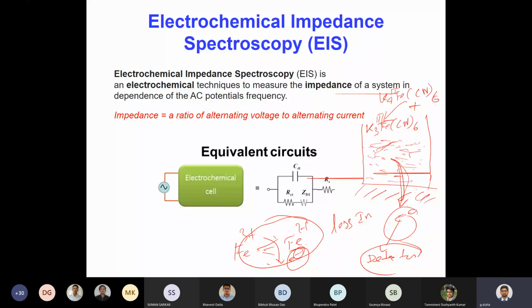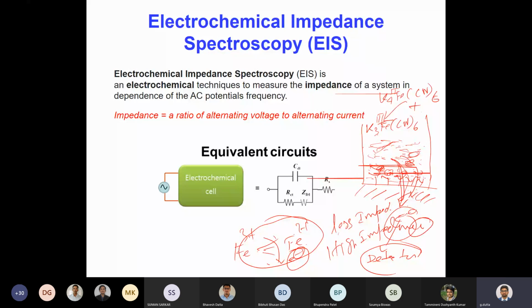If the electron cannot cross this protein barrier, where some antibody is coated, and if you increase the target concentration, they basically fully block the surface. Then the electron from the solution cannot go to the surface. The electron flow will be hindered by this protein layer, so that's why you will get high impedance.